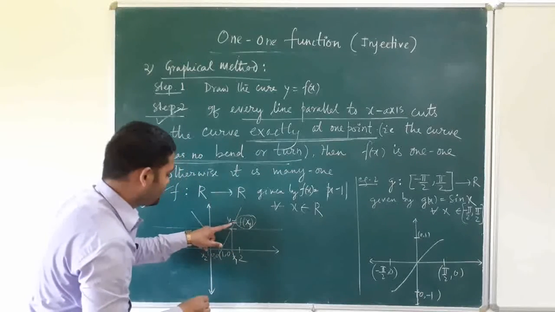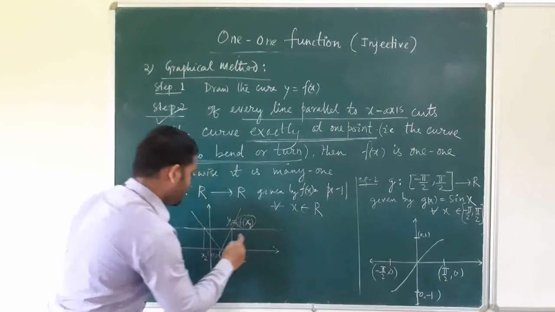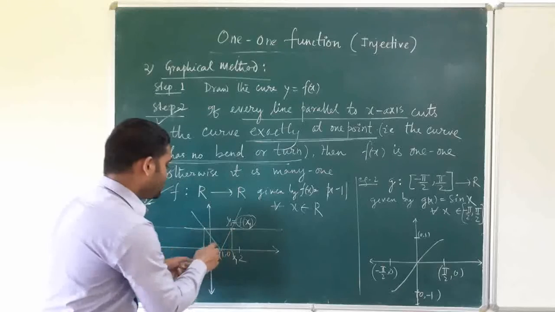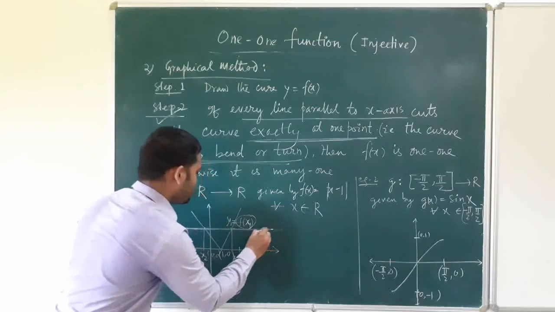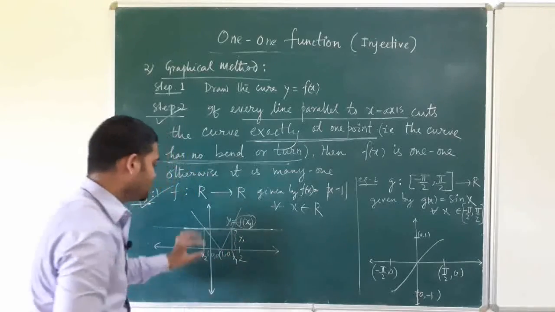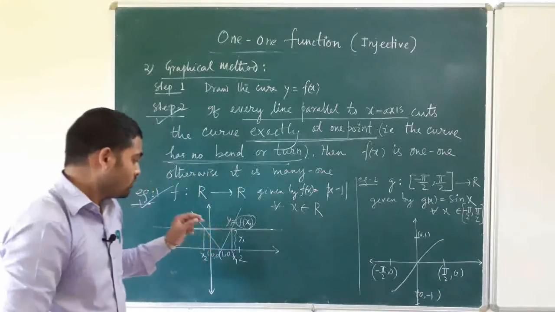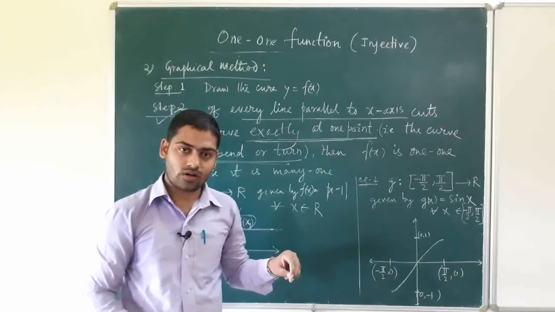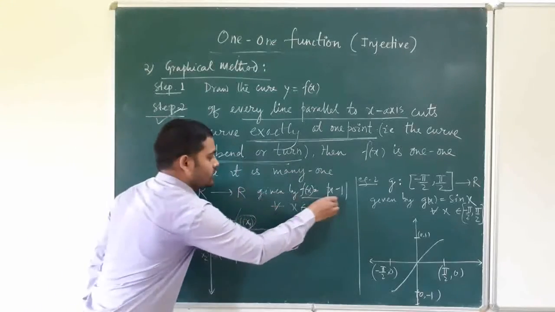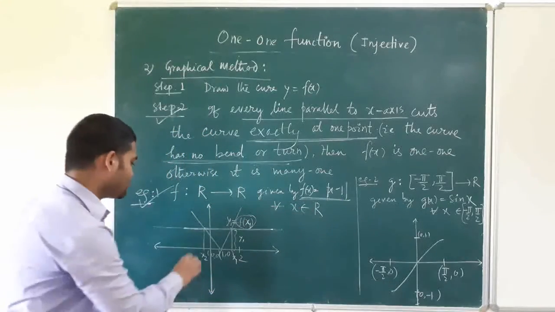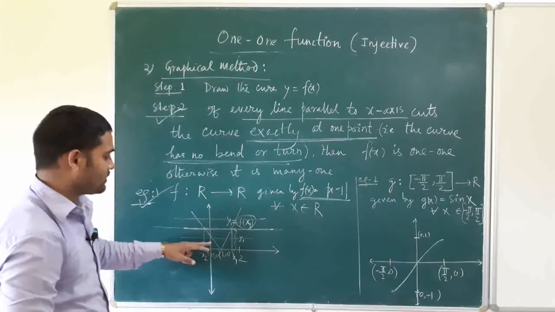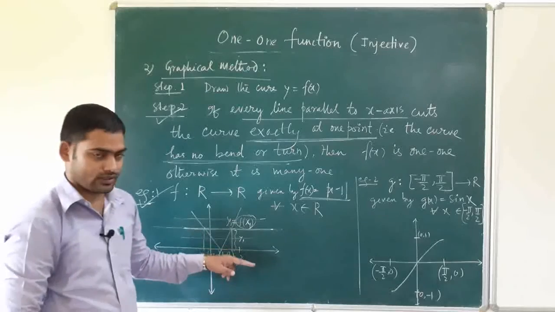You are getting one value. If you are giving two inputs, you are getting y1, one output. That's why this function is not a 1-1 function, because if you draw a parallel line to the x-axis, that parallel line cuts at 2 points.